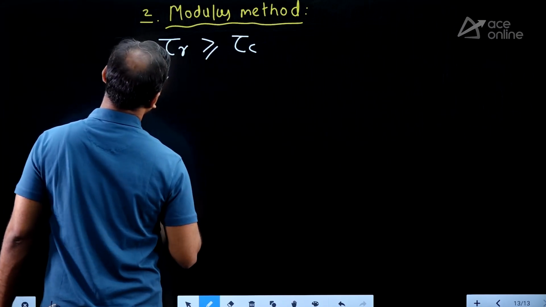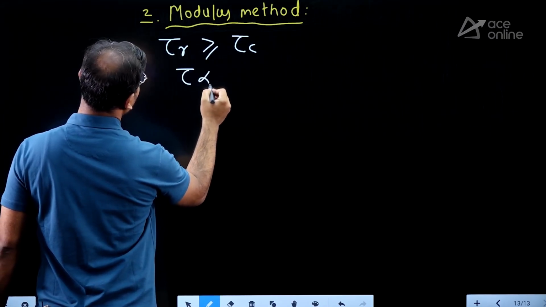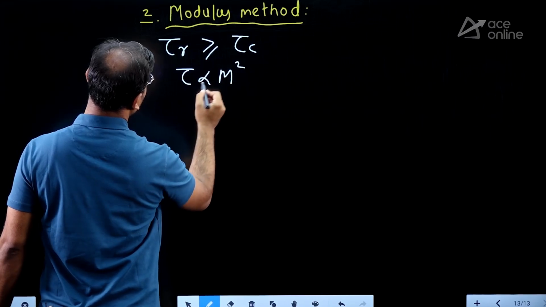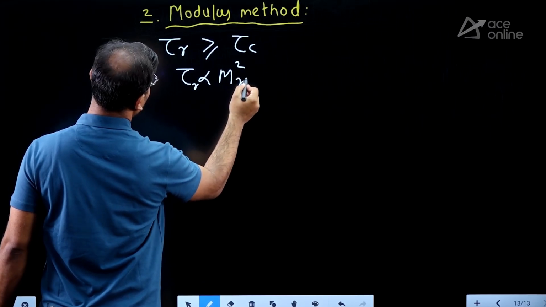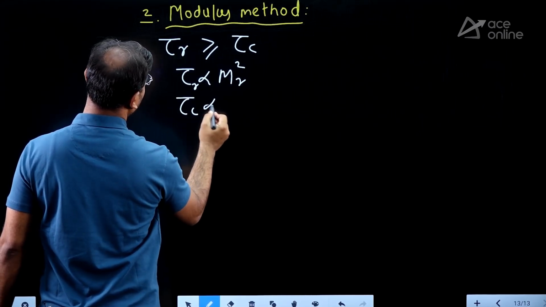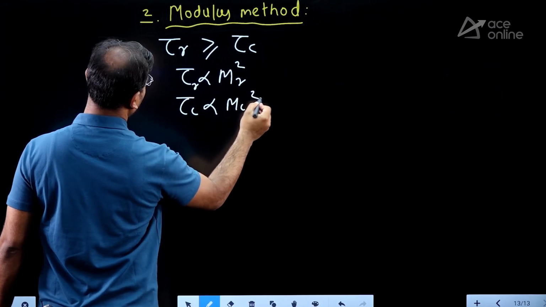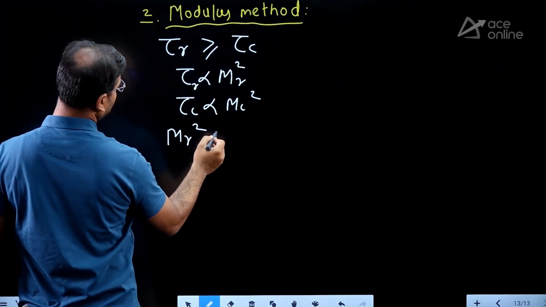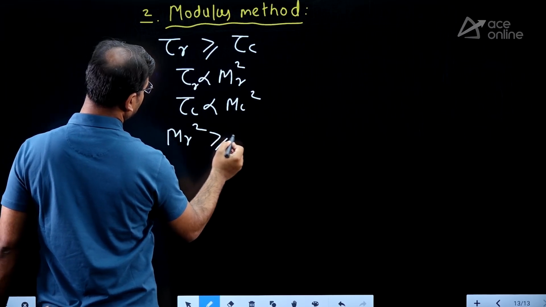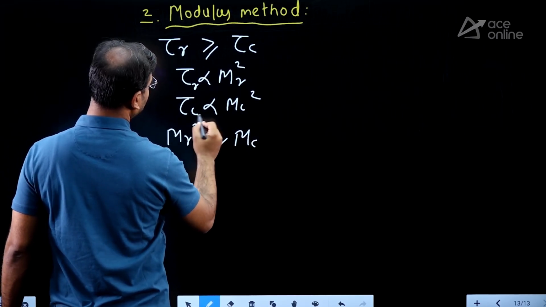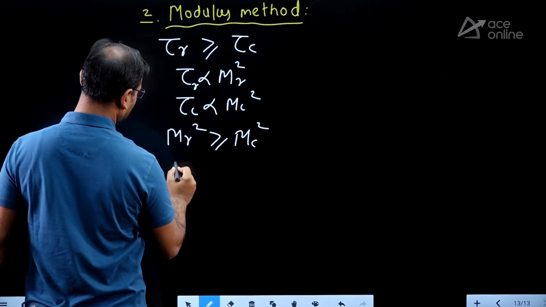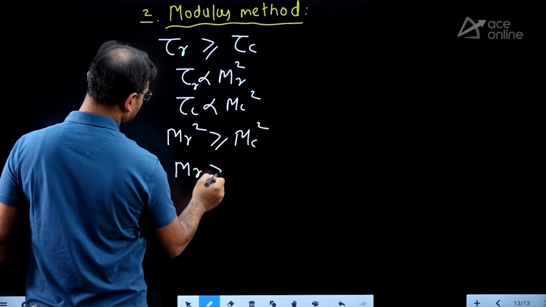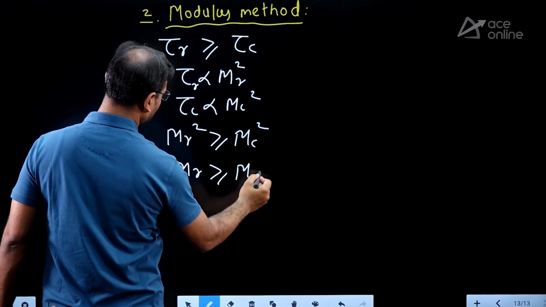Here we know that tau is directly proportional to M squared. Therefore, tau r is directly proportional to Mr squared and tau c is directly proportional to Mc squared. Therefore, Mr squared must be greater than or equal to Mc squared, so modulus of riser must be greater than or equal to modulus of casting.